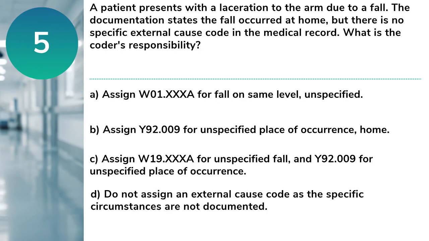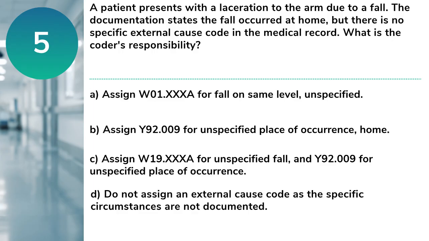Question 5. A patient presents with a laceration to the arm due to a fall. The documentation states the fall occurred at home, but there is no specific external cause code in the medical record. What is the coder's responsibility? A. Assign W01.XXXA for fall on same level, unspecified.